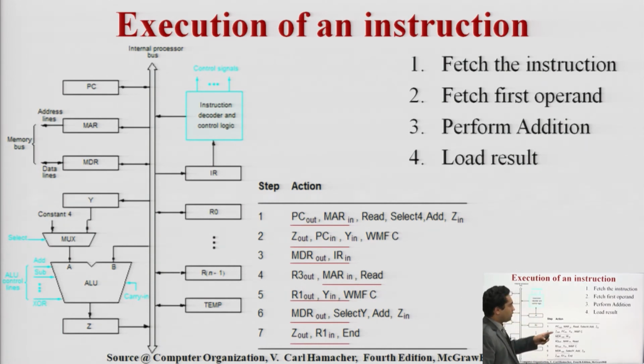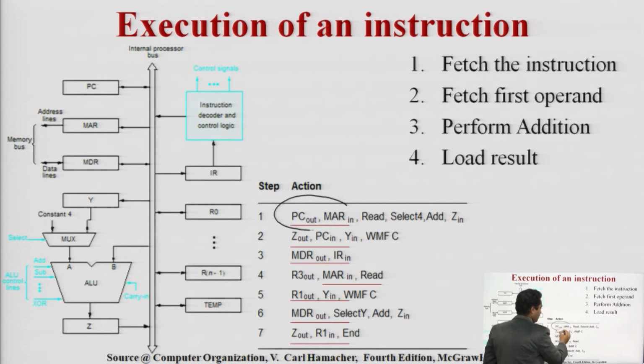The steps are common, but based on the nature of the control unit, the very first thing to perform the addition is we want to get the address. Here you can see the underlined one. The first thing is to get the address from the program counter, because the program counter stores the address of the next instruction. The address is given and we take the word from the memory. That is stored here and the program counter is incremented. The next one is, yes, we are getting the instruction here.